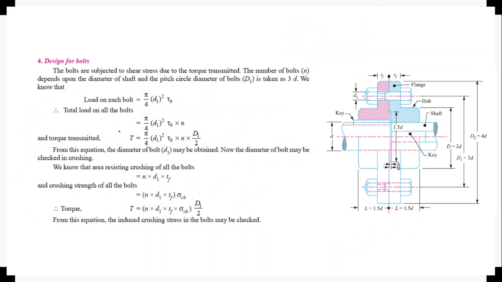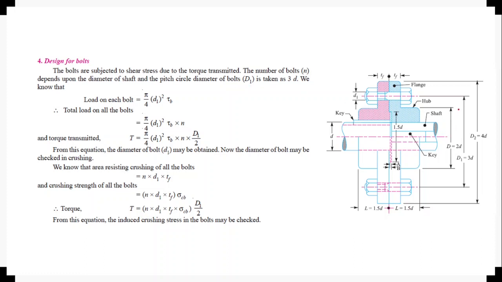And finally, design for bolts. The bolts are usually subjected to shear stress due to torque transmitted, as in the case of the flange. The number of bolts, small letter n, depends upon the diameter of the shaft and the pitch circle diameter of the bolt.